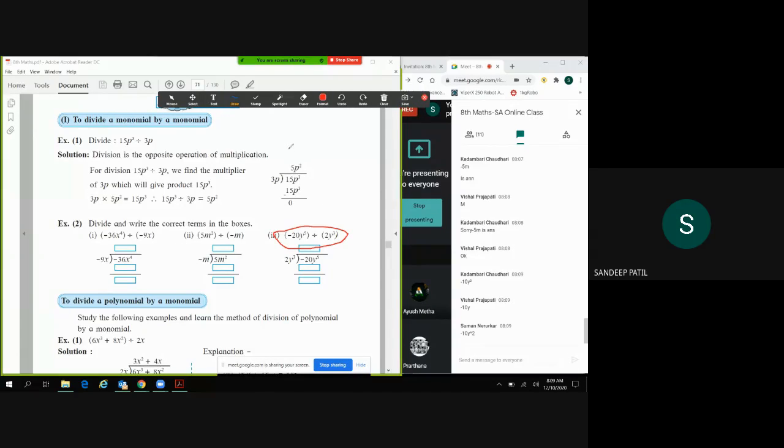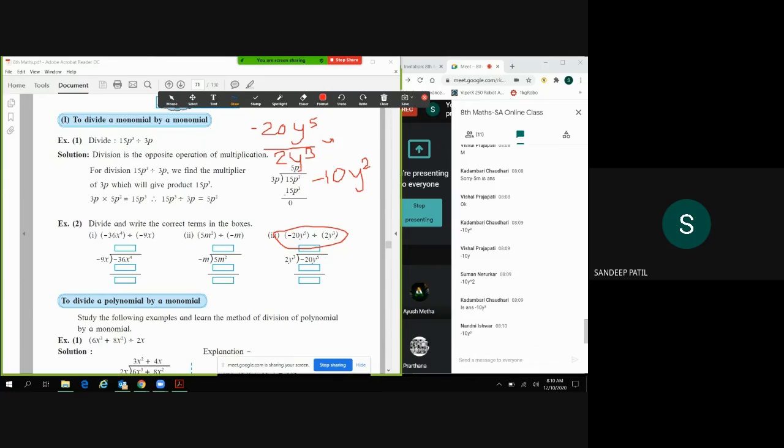So here, if we carry out the division, minus 20 y raised to 5 divided by 2y cube, first we will carry out the division for the constant term, that is minus 20 divided by 2 becomes minus 10, and y raised to 5 divided by y raised to 3 becomes y raised to 2, that is y square.